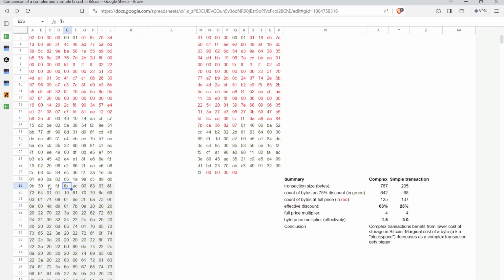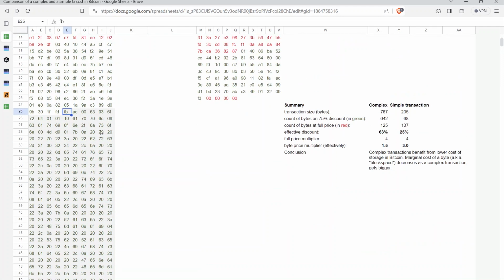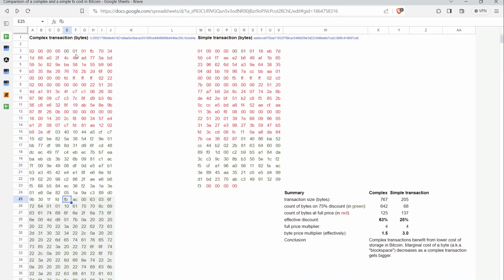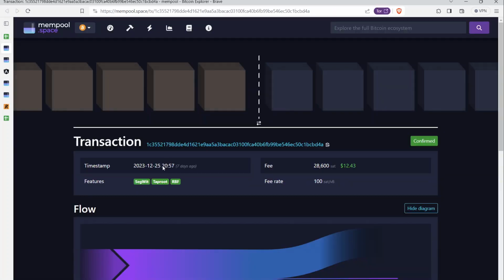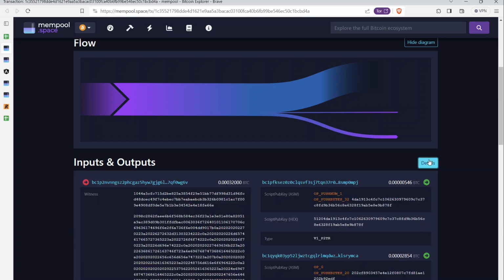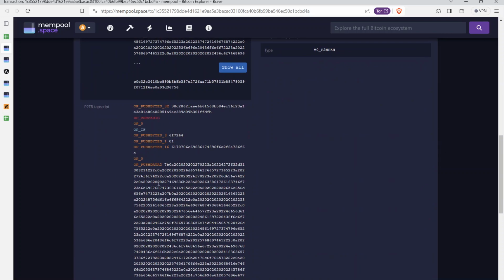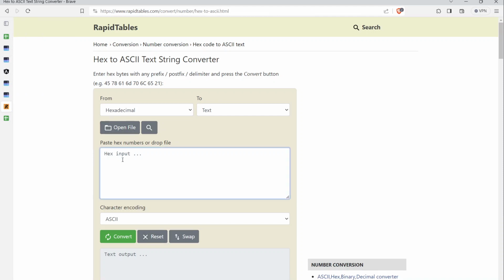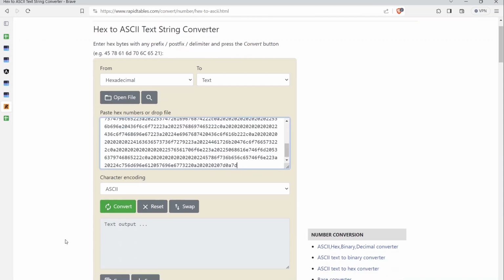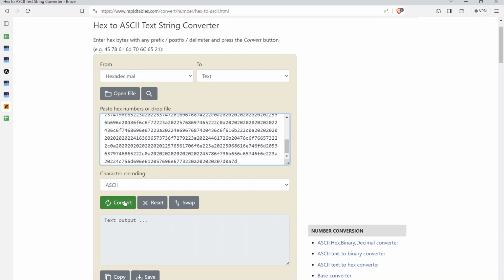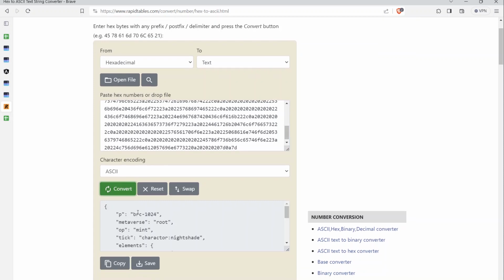And I will show you why. So I will just open the transaction again in Mempool, and show you some data that is particularly interesting. If you take the data and you convert it from hexadecimal representation to ASCII or just text, then you will see something readable.